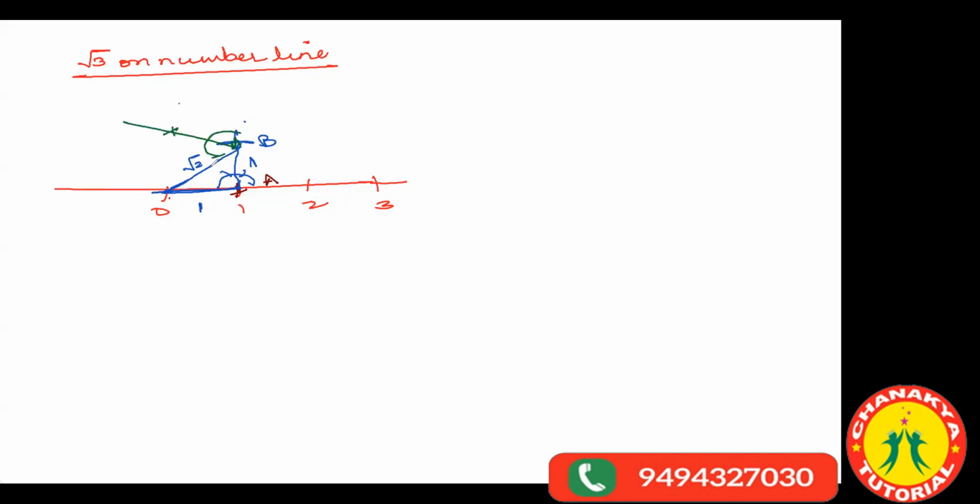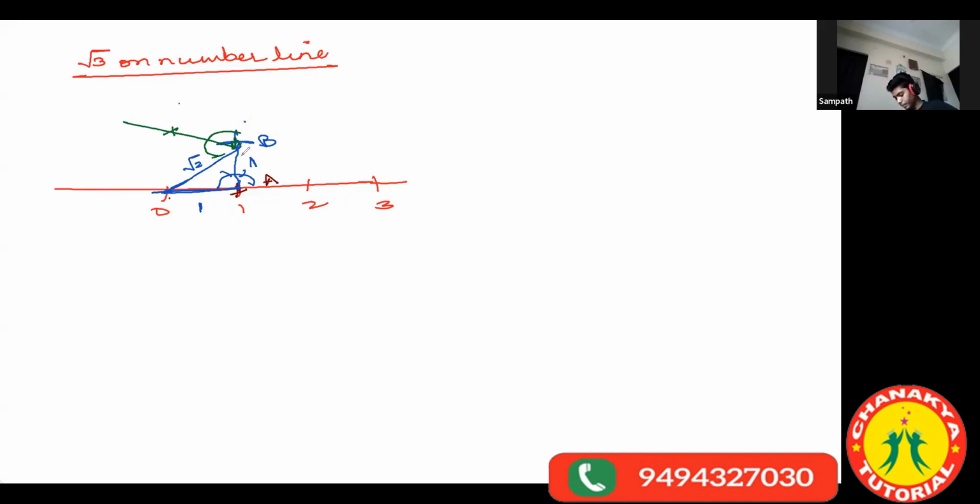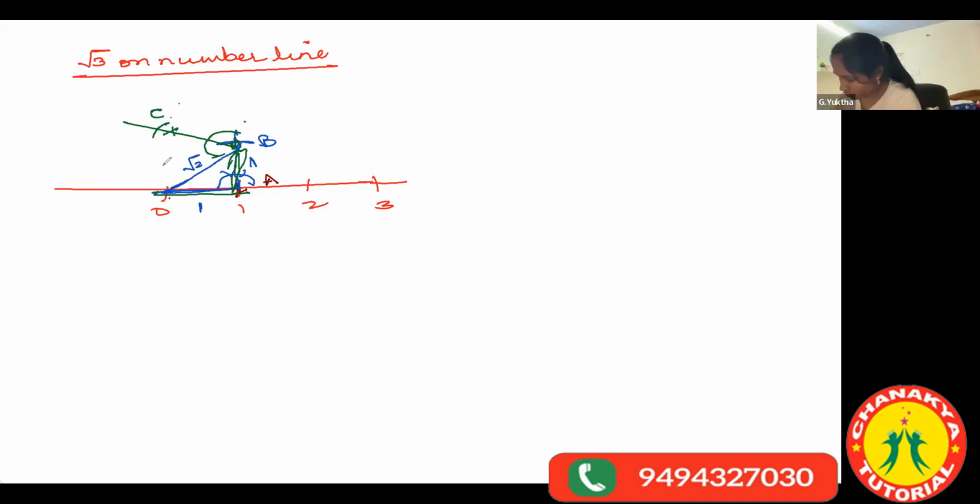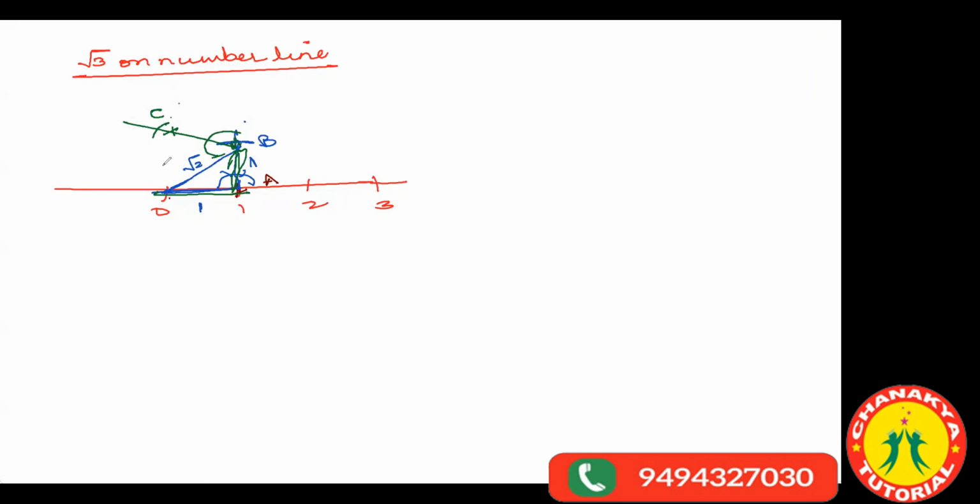Drawn? Yes, ma'am. Okay. Now take this AB radius or OA radius, means 1 unit radius, in your compass, and from B point mark an arc over here. Put an arc with B as center. Done? Yes, ma'am.